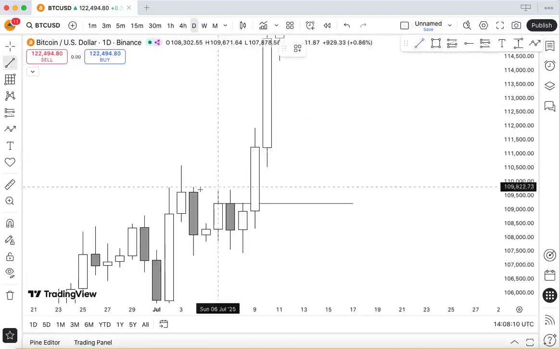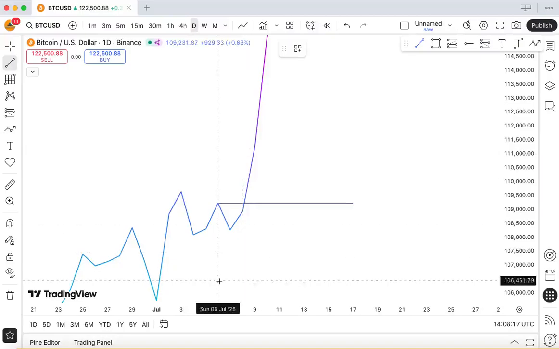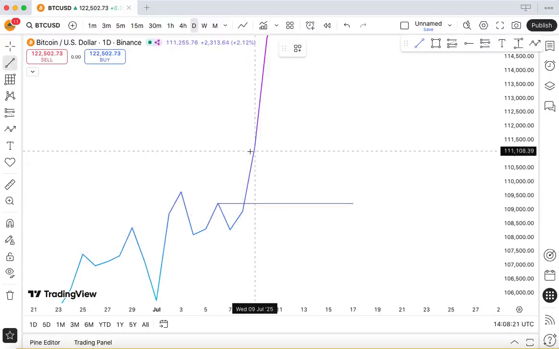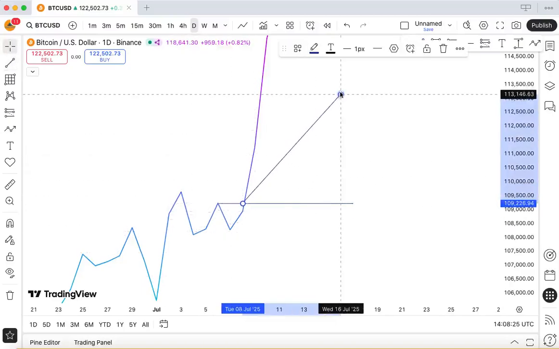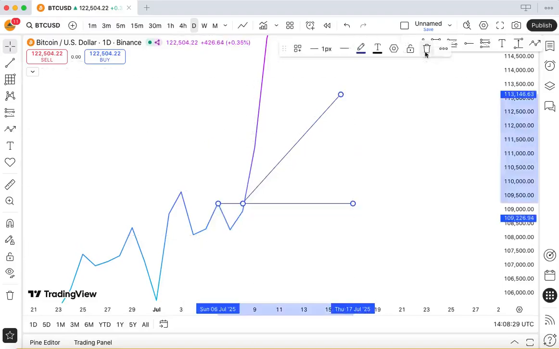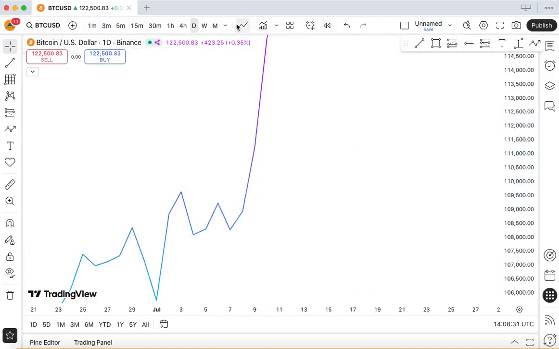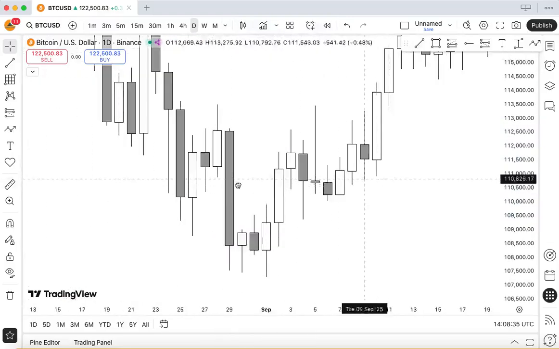Resistance. Broken becomes what? Support. So see how it looks on the line chart. That is how it looks. An A shape being broken. You understand? That is it. So let us go back to where we were.